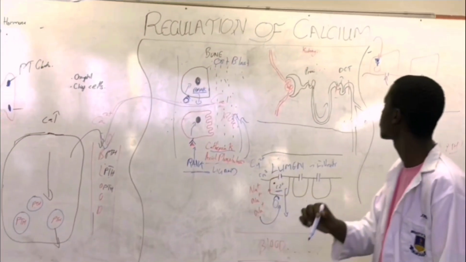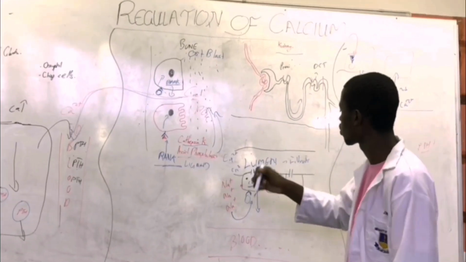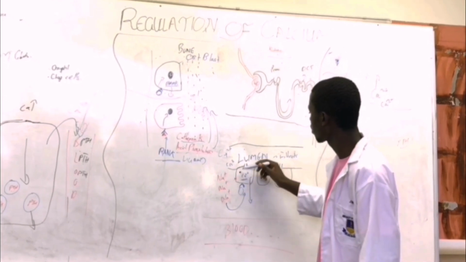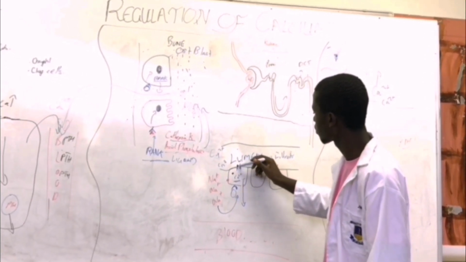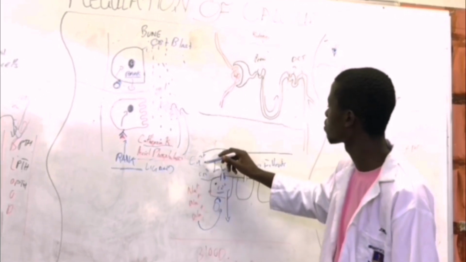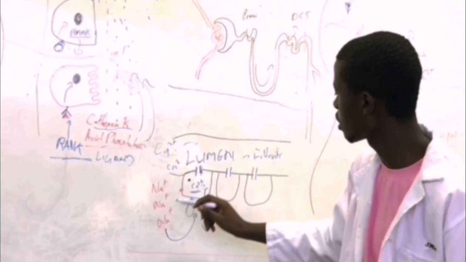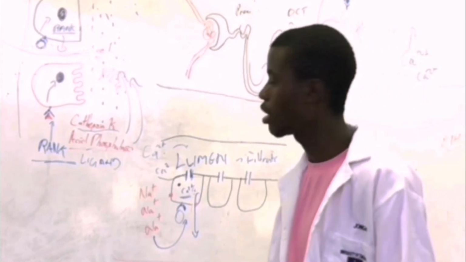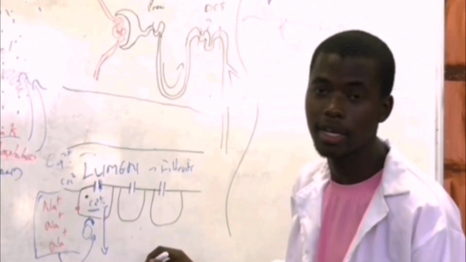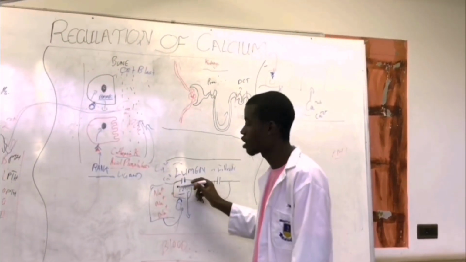Now the second pathway was in the kidneys, where parathyroid hormone was bound to a receptor, right? Intracellular pathway, calcium channel secretion, we synthesize these calcium channels and allowed more calcium to flow from the lumen into our kidney cells over here. And then we have the sodium-potassium pump, right? High concentration of sodium outside, low concentration of sodium inside. Sodium was flowing back into the cell, at the same time calcium was flowing out of the cell.